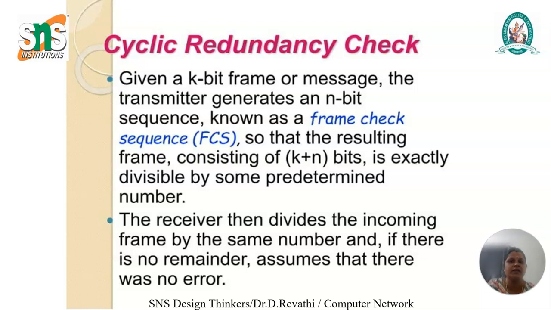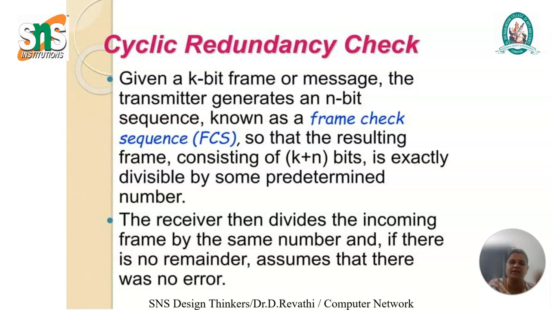Here we can see in detail. We are transferring a k-bit frame or message, and an n-bit sequence is generated, called the frame check sequence. The resulting frame of k plus n bits is exactly divisible by the same predetermined number.